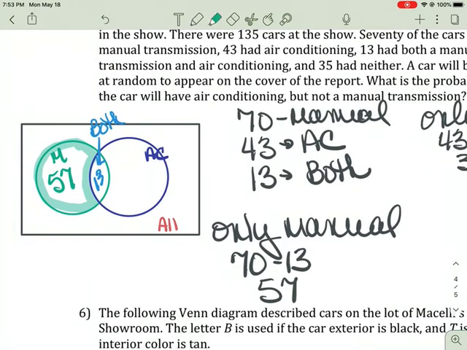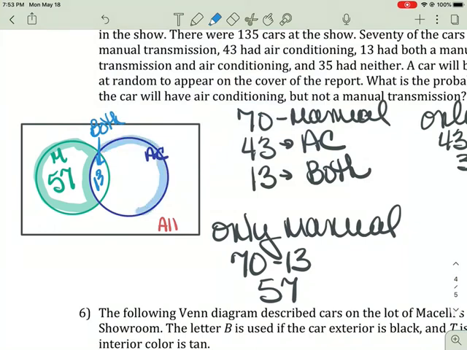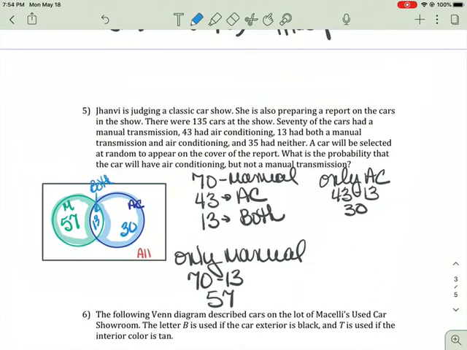So that's going to go in the AC one, this guy over here, just AC. So that's 30. So 57, 13, and 30. 13 and 57 give me the 70 for the manual. 13 and 30 give me the 43 for AC, and the 13 in the middle is the one that has both.